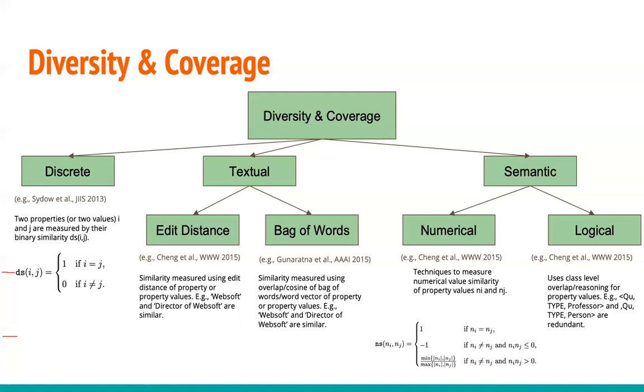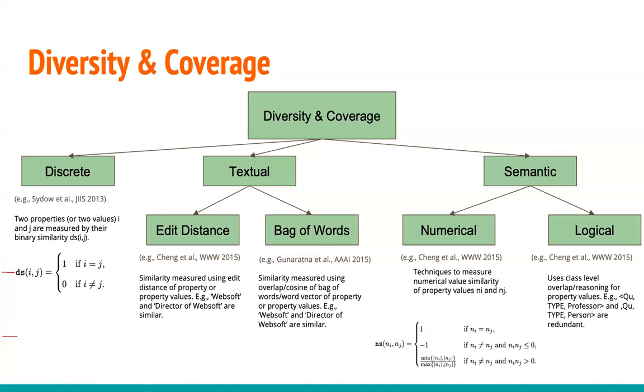And then the other way of measuring diversity is semantic diversity and coverage. Basically, they are for numeric and logical values. For example, we need a way of measuring how two numeric values are different or similar. In this technique, they introduced a way to measure numeric similarity given two numbers.